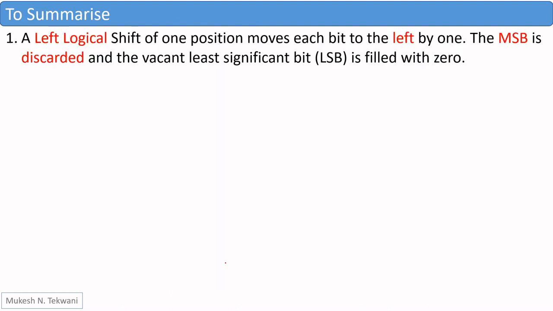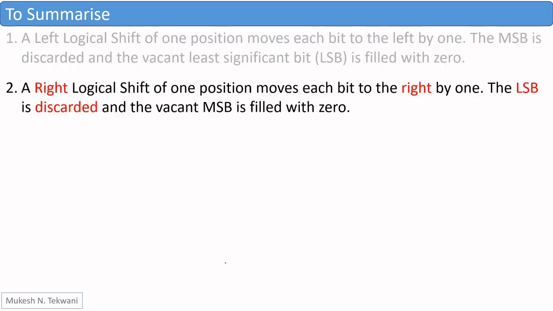Now let us summarize these rules of left shift and right shift operations. A left logical shift by one position will shift each bit to the left by 1. The most significant bit is lost and the least significant bit is filled with 0. This is what we saw in the first example in this video session. A right logical shift by one position will move each bit to the right by 1.